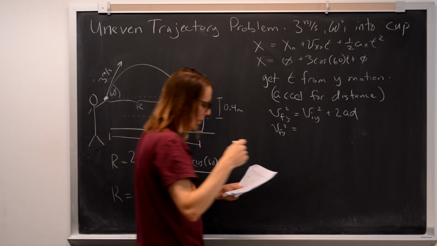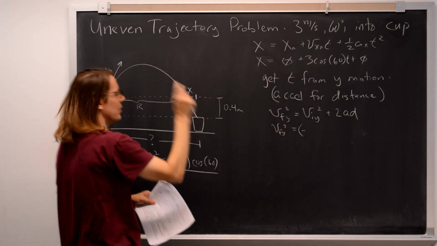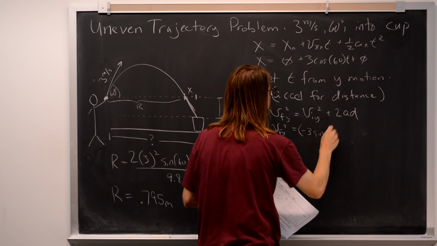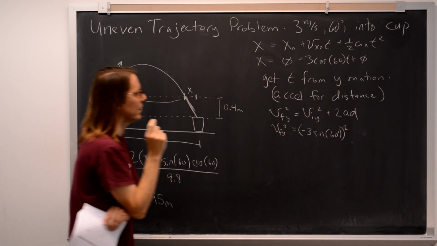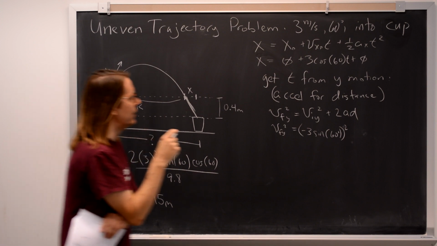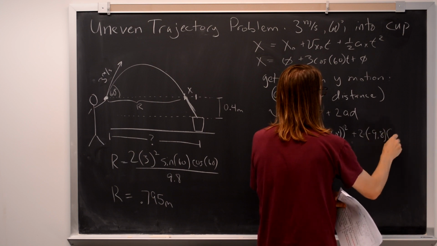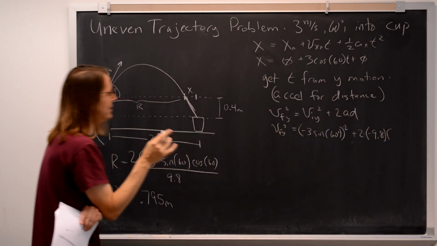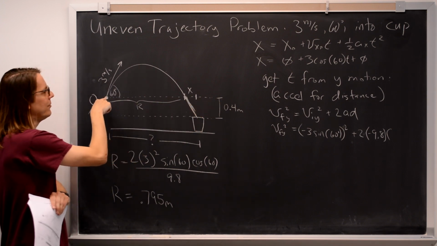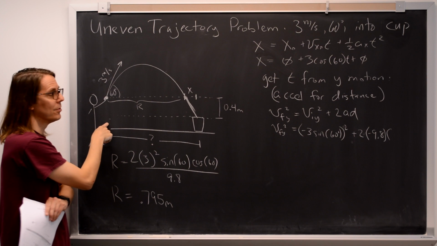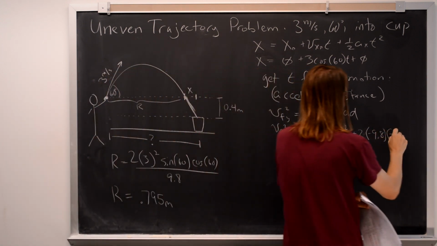So it's negative, 3 sine of 60 degrees, and that whole thing squared, so the negative doesn't matter. Then plus 2, the acceleration is negative 9.8, and the distance is 0.4 down, so negative 0.4, because we're going from 0 to negative.